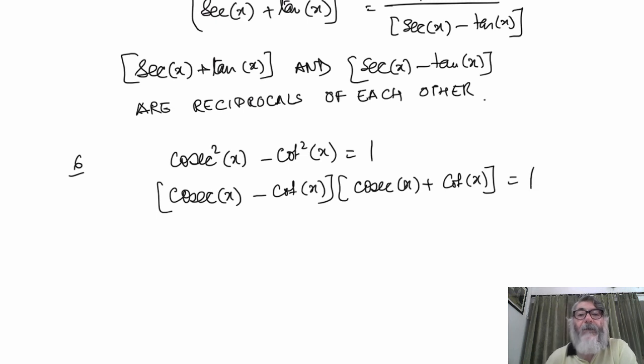Again, they have become reciprocals of each other. They are reciprocals because the product of two terms is coming out equal to 1. So they are the reciprocals of each other.